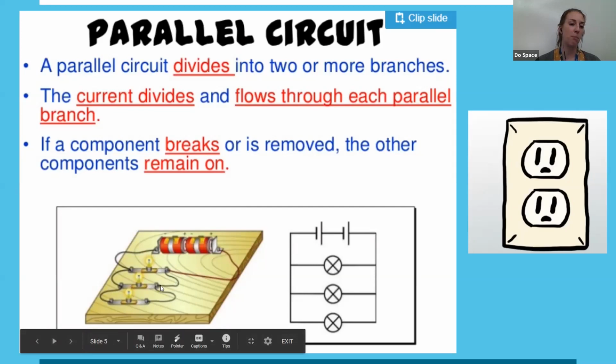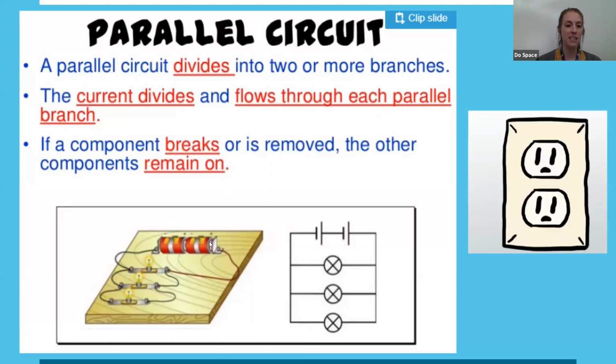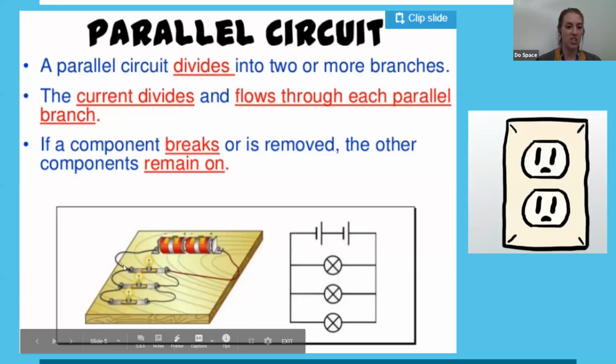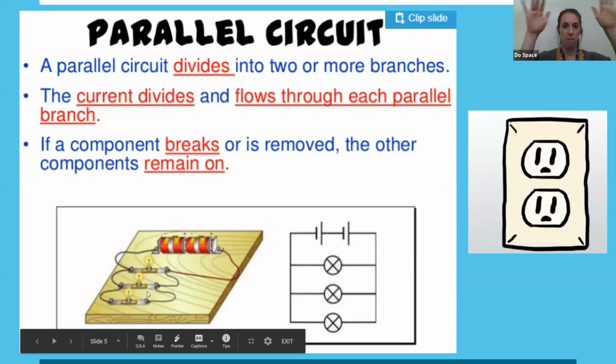So maybe if there was a break right here in this light, these two won't work. But if there's a break right here, for example, if for some reason this wire got snipped, only this last light bulb wouldn't work, but the first two still would. That's because you can see how they each have wires individually connected to them.